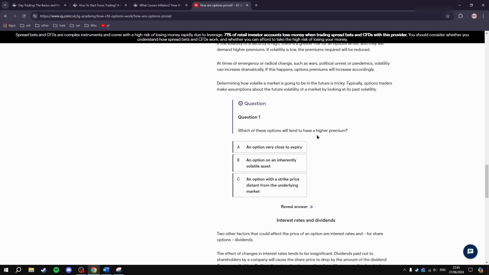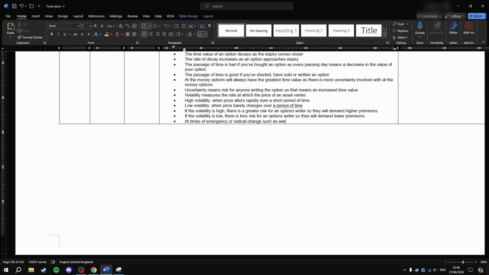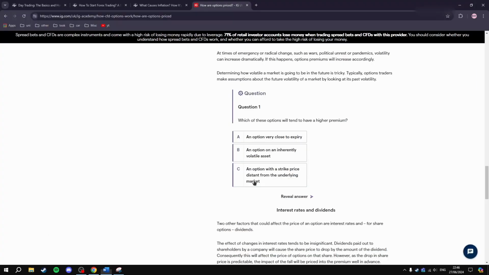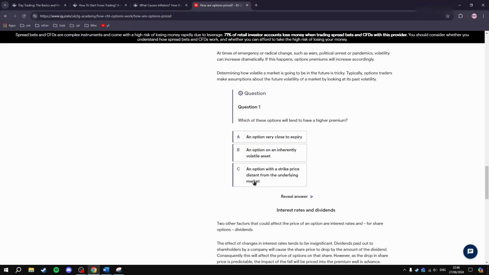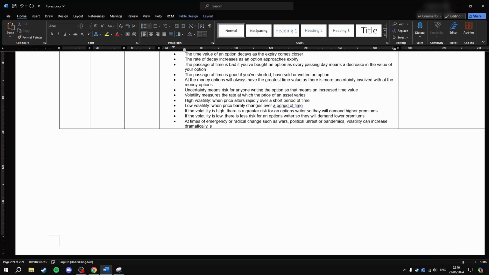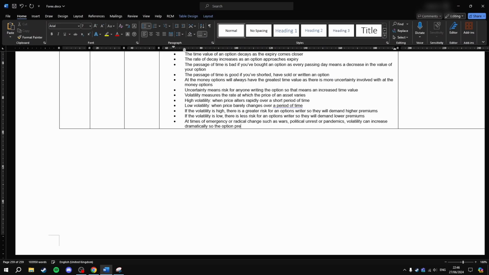If this happens, options premiums will increase accordingly.